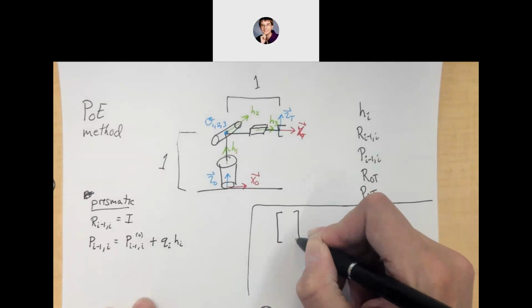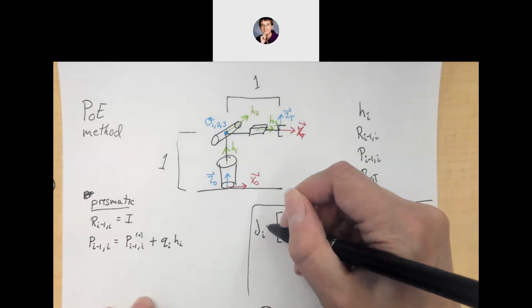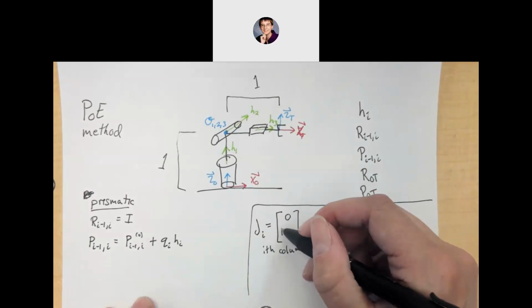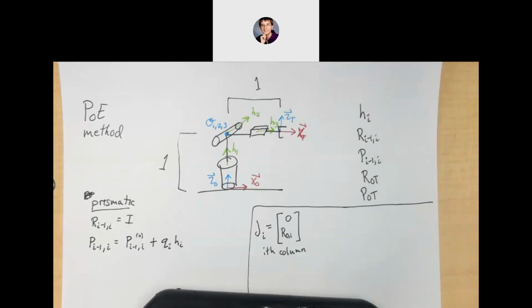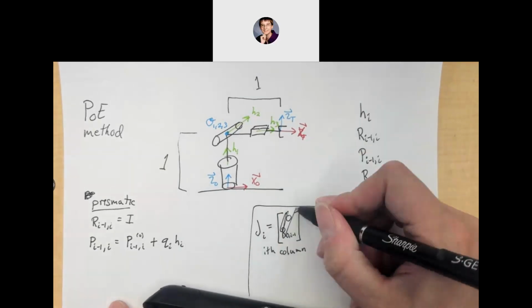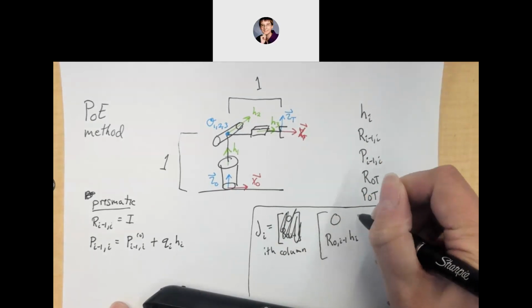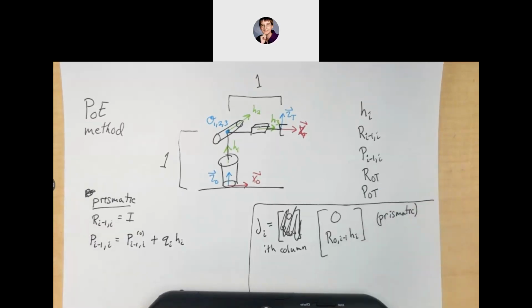But if we look at, let's say, the ith column, if you do the Jacobian, that's the main difference between the revolute and prismatic.